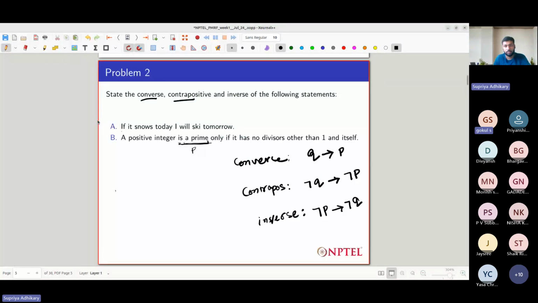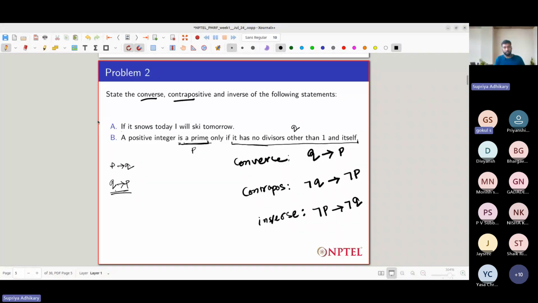We can consider this as Q. Again, our statement should be P implies Q. Then the converse should be Q implies P, which is nothing but: if a positive integer has no divisors other than 1 and itself, then it is a prime number. So that should be our converse statement corresponding to this statement.